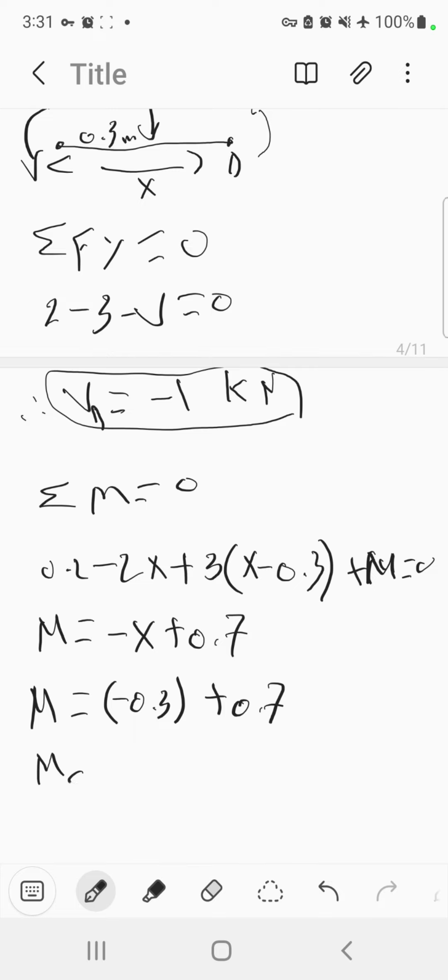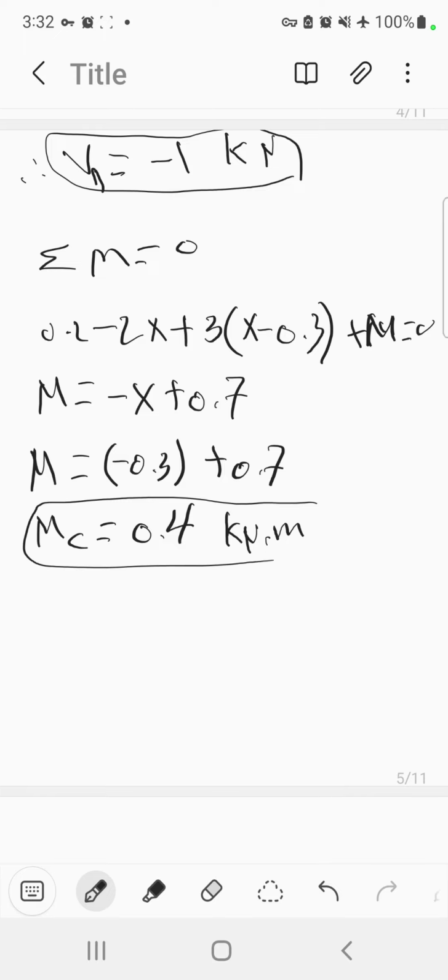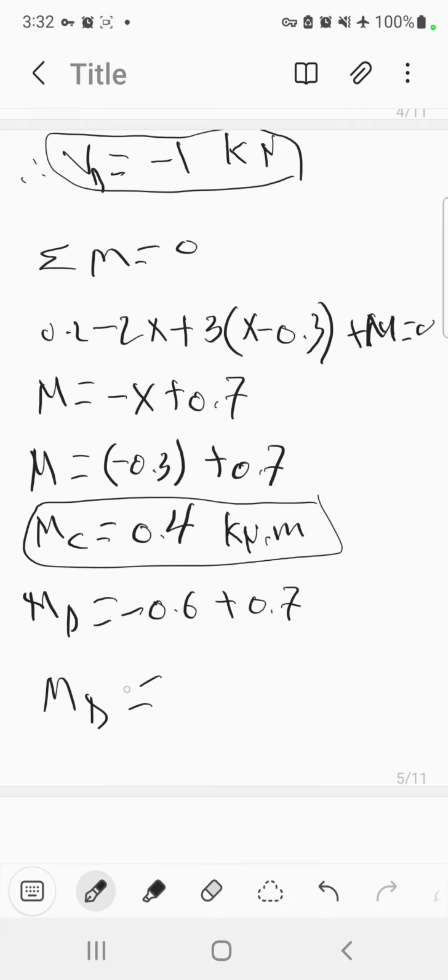So MC is going to be 0.4 kilonewton per meter, and MD is going to be minus 0.6 plus 0.7. So MD equal to 0.1 kilonewton per meter.